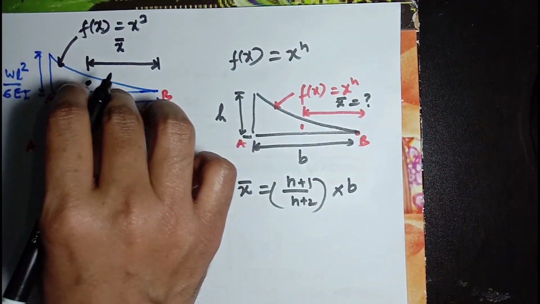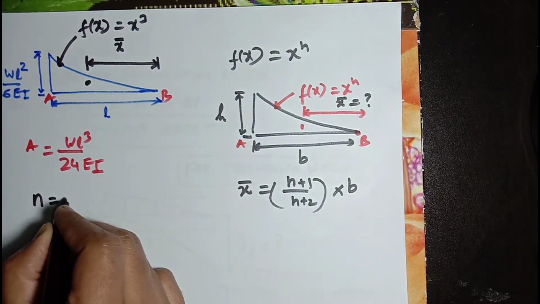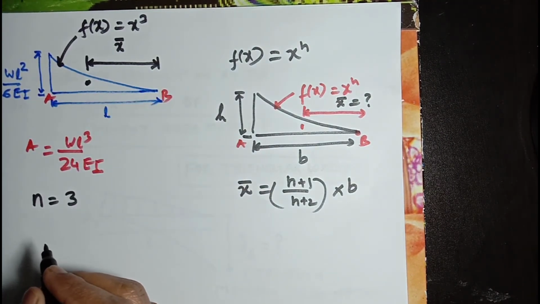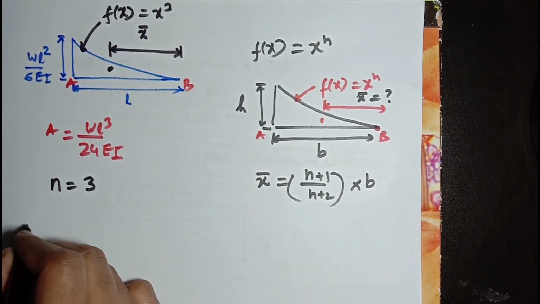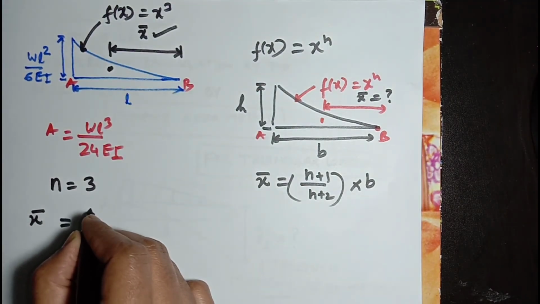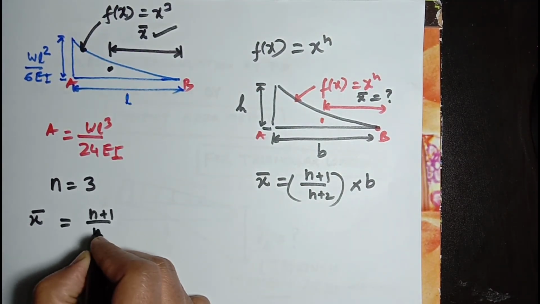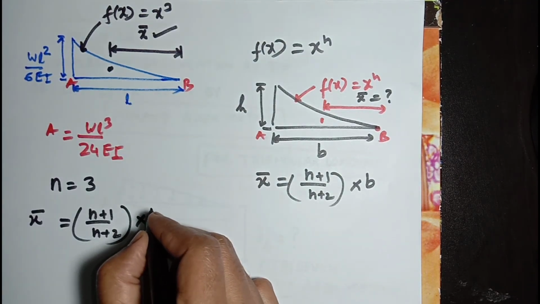As this curve is a cubical curve, here n will be equal to 3. So centroid x bar will be n plus 1 divided by n plus 2 multiplying with this b.